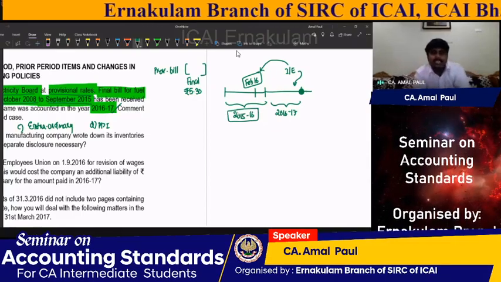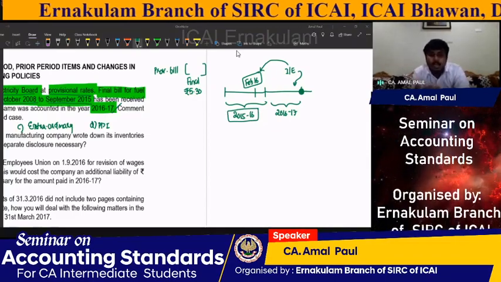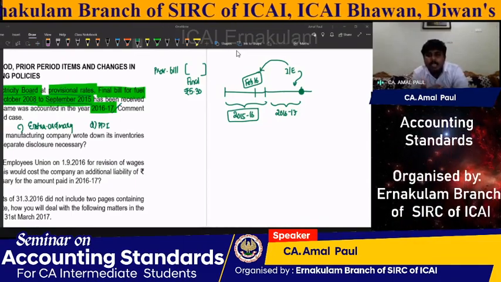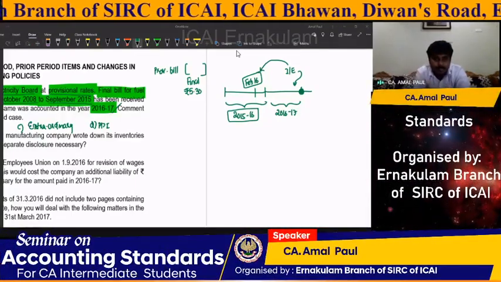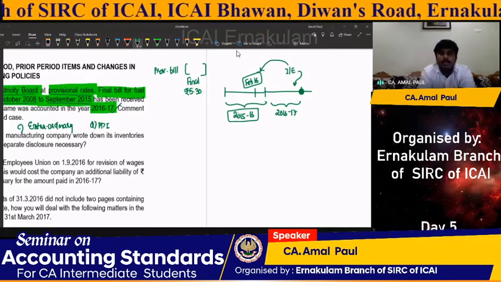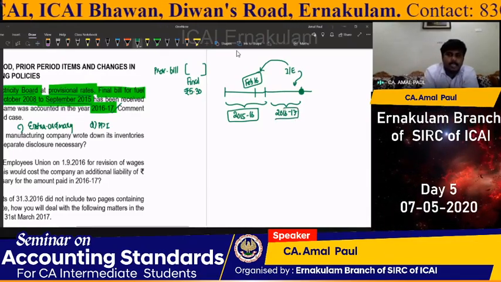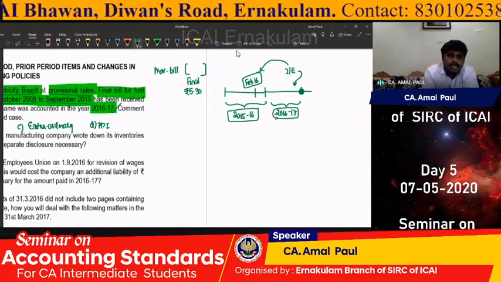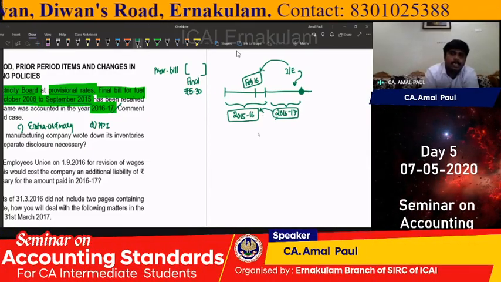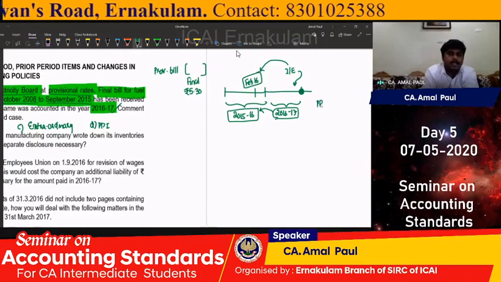This item should have been accounted in the financial year 2015-16, but they had not recorded it. Therefore, you are recording it in this period. Since there is an error in the year 2015-16, this will be treated as a prior period item.